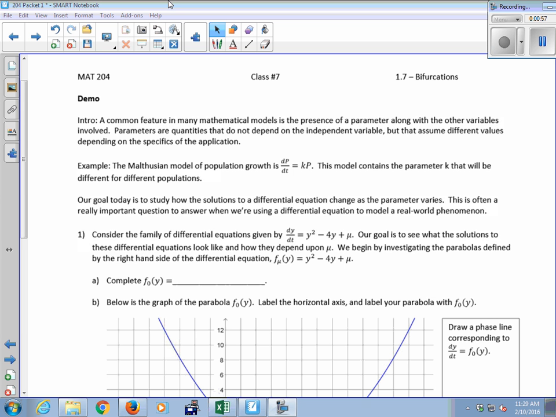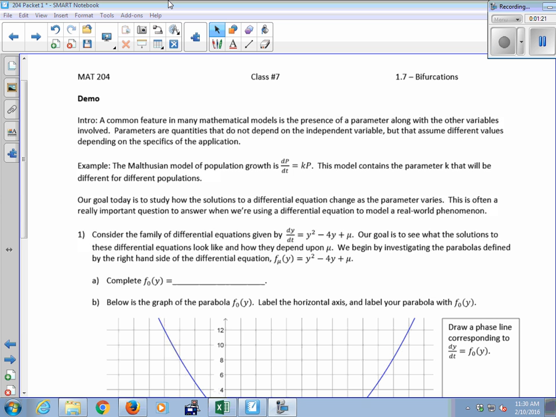Same thing with Newton's law of cooling. It's got a parameter k in it, and that k depends on what container is holding your thing that's cooling, right? If you have like a thermal mug versus a paper cup, the k value is different. So our goal in 1-7 is to study how the solutions to a differential equation change as the parameter varies.